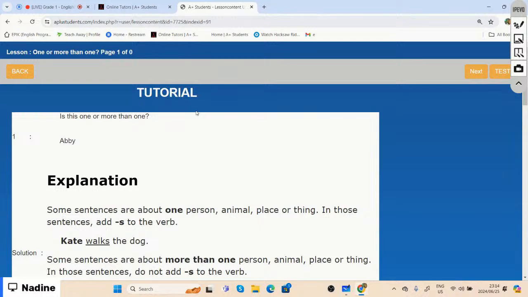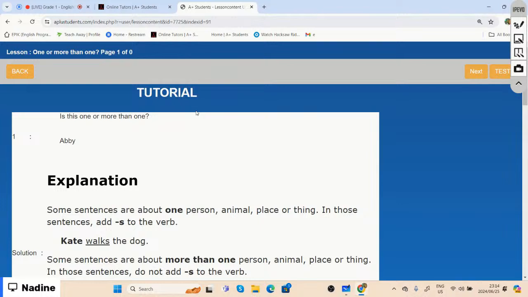So now, let's say, for example, you make mention of one person doing the action. If you want to say that one person walk, then you don't say one person walk, you say one person walks, right? One person talks, one person makes.